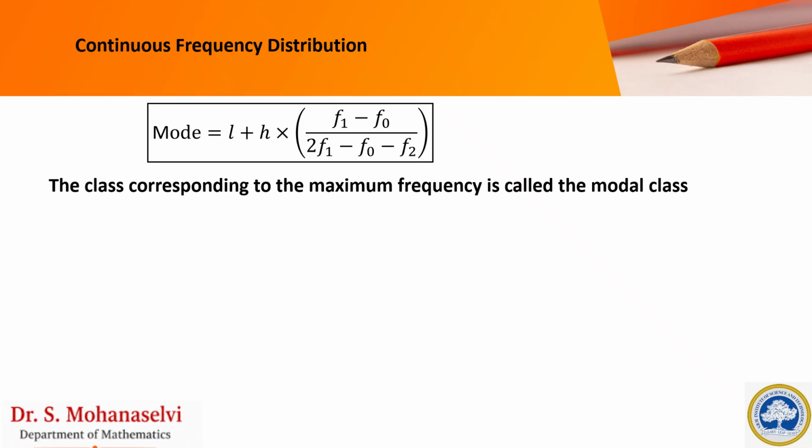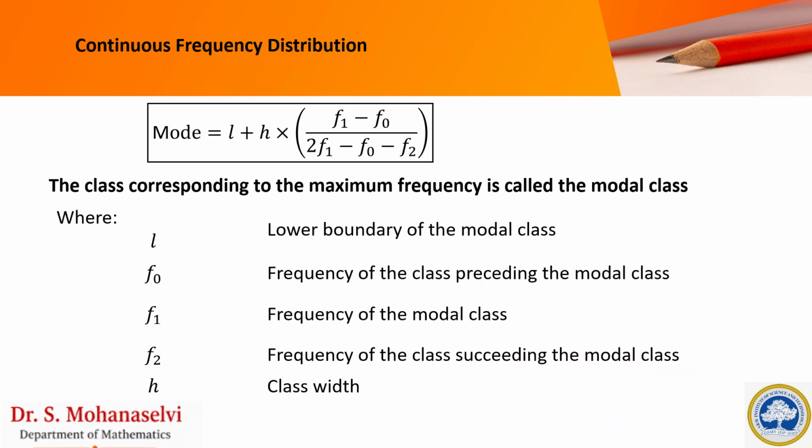Mode is equal to L plus H into F1 minus F0 divided by 2F1 minus F0 minus F2. Here, L is the lower boundary of the modal class, F0 is the frequency of the class preceding the modal class, F1 is the frequency of the modal class, F2 is the frequency of the class succeeding the modal class, and H is the class width of the class interval.